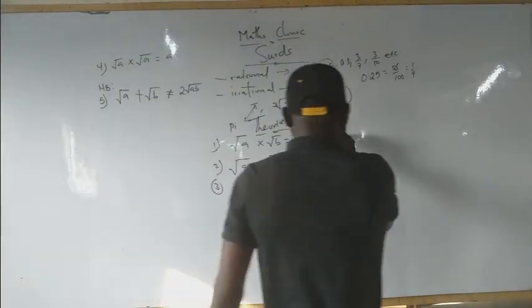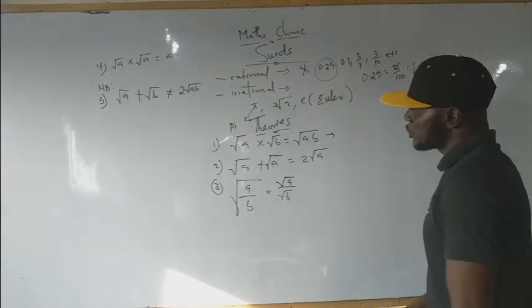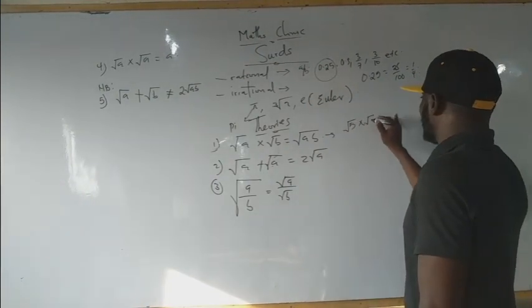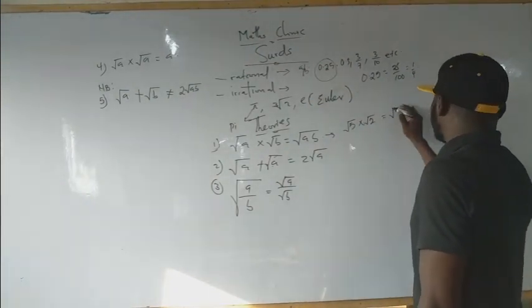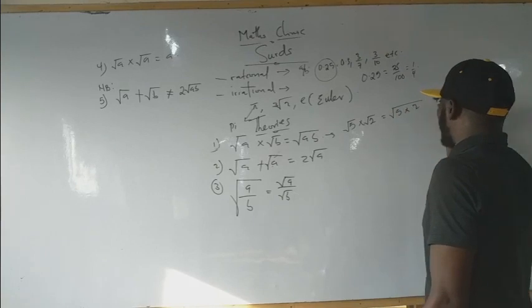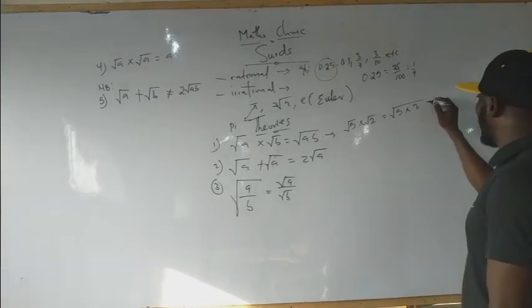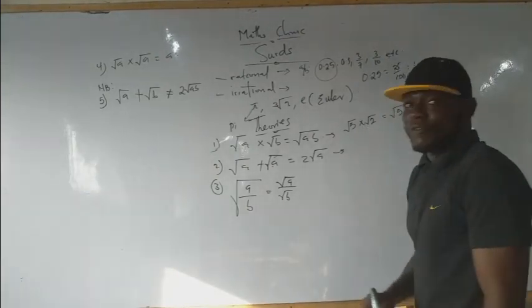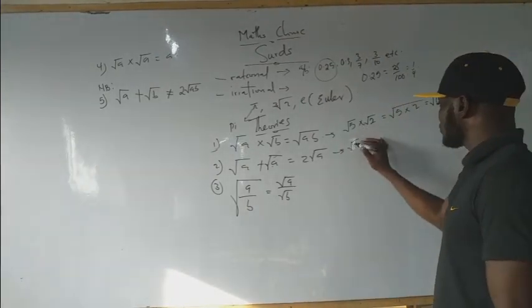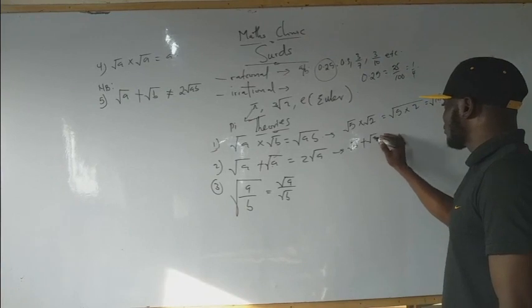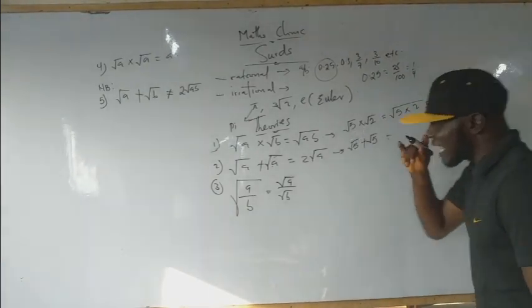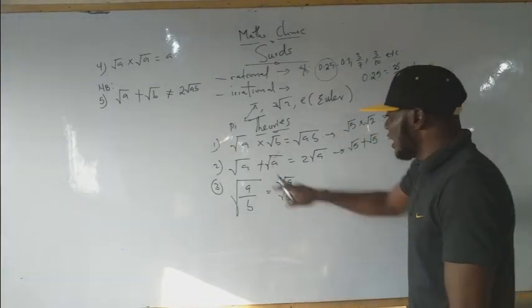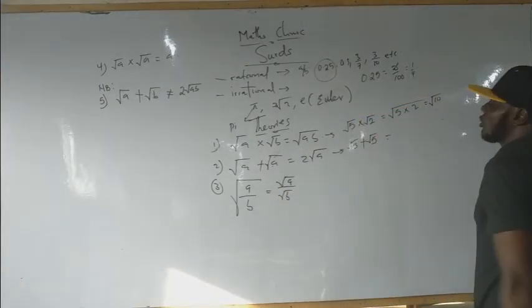So let's look at one example under the first theory. If you have root 5 times root 2, what would that be? That will give you root 5 times 2, and that will be root 10. So the second one: if you have root 5 plus root 5, yes, they are the same, equal surds, same surds.